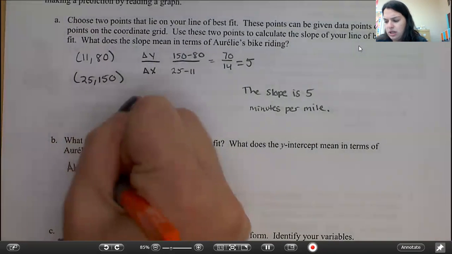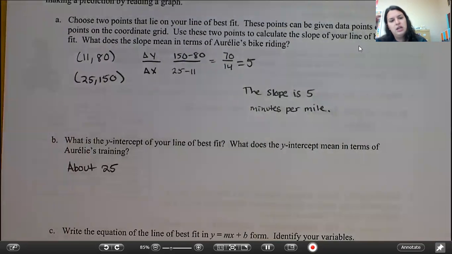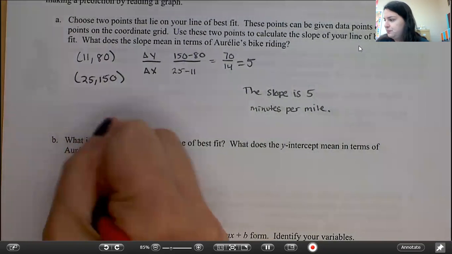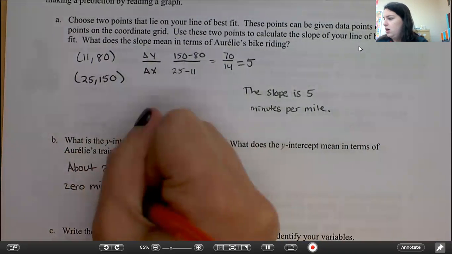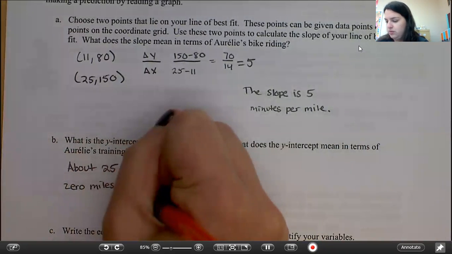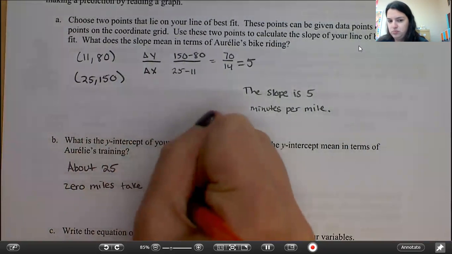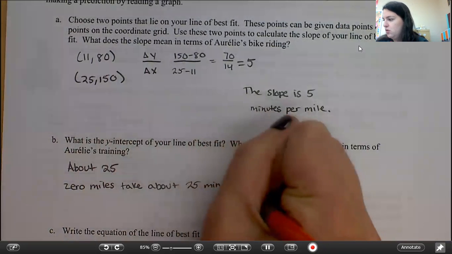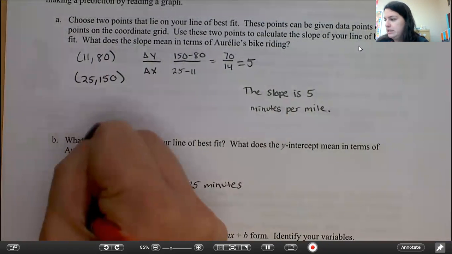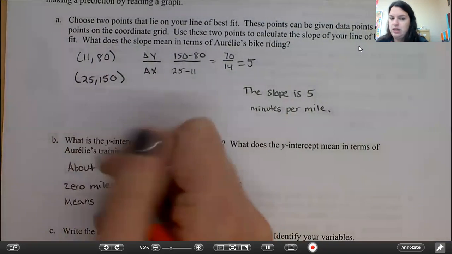So this is kind of tricky because you think to yourself, okay, she traveled 0 miles, but how's she already at 25 minutes? Well, 0 miles take about 25 minutes, like we said. So it means that she stops for about 25 minutes each ride.